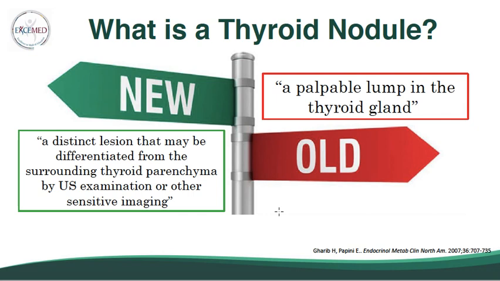But now, with ultrasound being a more readily available tool for detecting thyroid disease, a thyroid nodule is defined as a distinct lesion that may be differentiated from the surrounding thyroid parenchyma by ultrasound examination or other sensitive imaging, such as your thyroid scan or even CT scan, which can also pick up thyroid nodules.